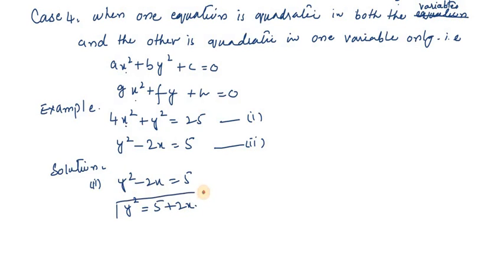Put the value of y square in equation number 1. So we get the equation in the form of x, and we find the roots of x, and then put them back in y square is equals to 5 plus 2x, we get the value of y.